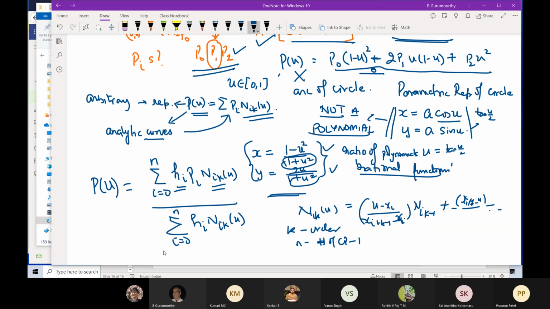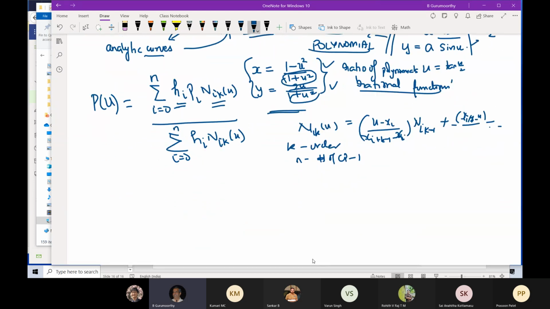Okay. Now, a little bit of algebra to convince you that this is the form that will work, by writing down the case for k equals 3, n equals 2.